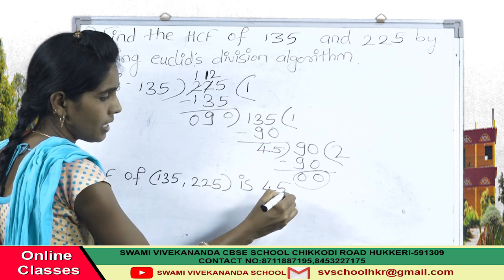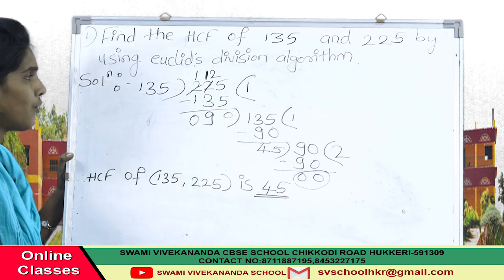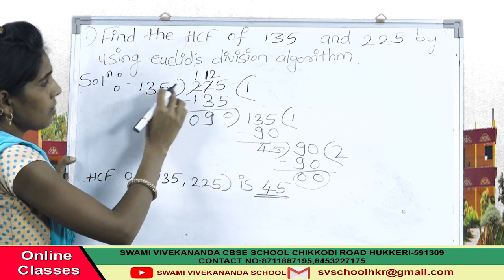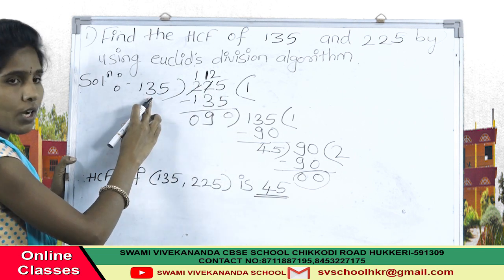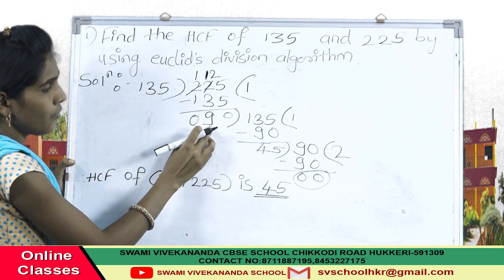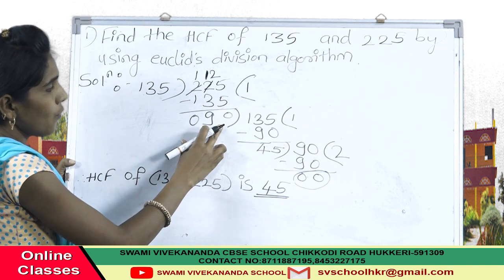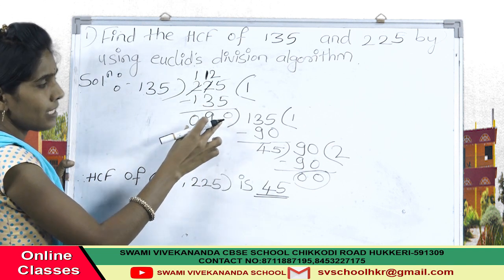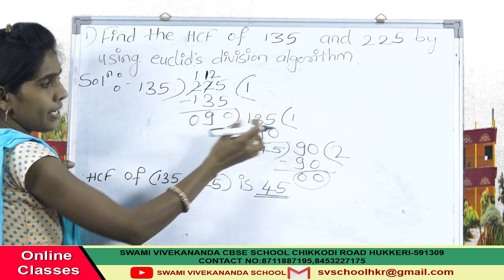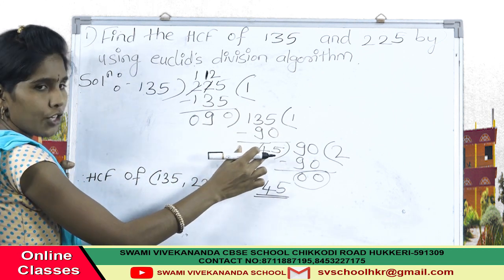Our HCF is 45. What did we do here? We divided 225 by 135. 135 ones are 135. We subtracted and got 90. Again we consider this 90 as the divisor and 135 as the dividend. 90 ones are 90, we get 45.